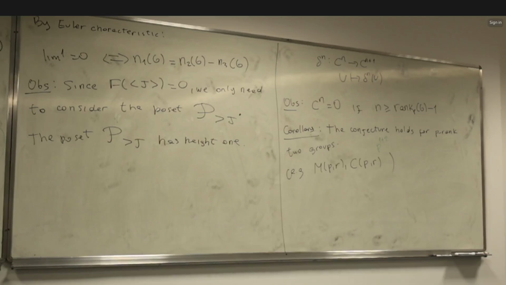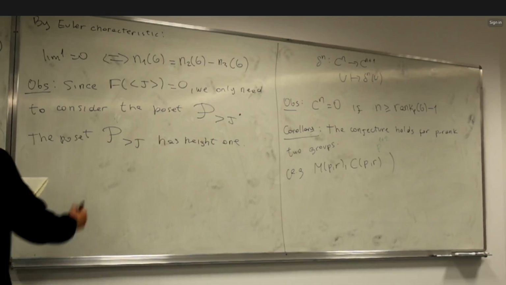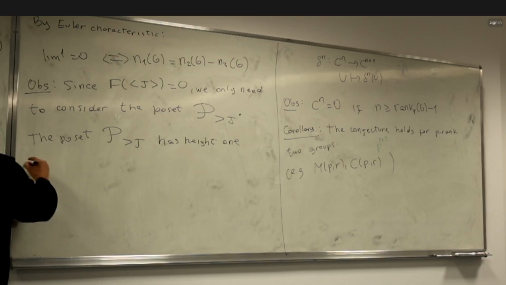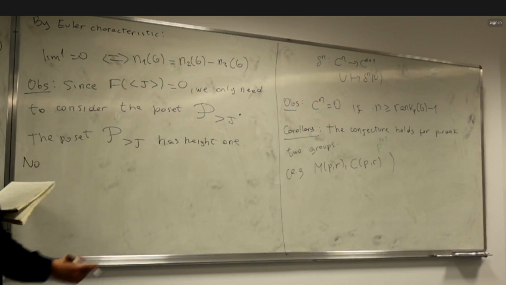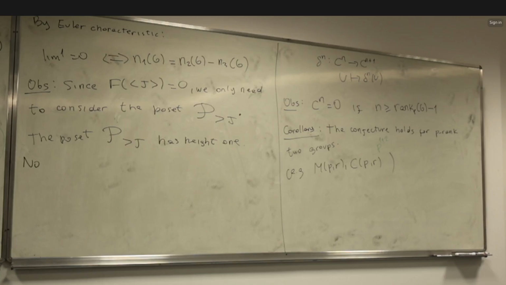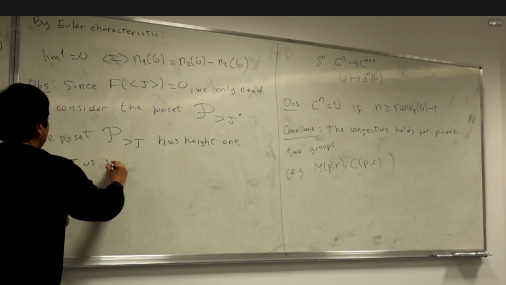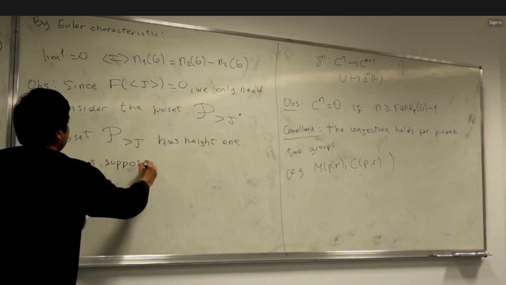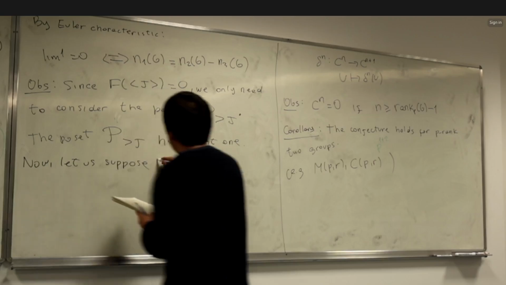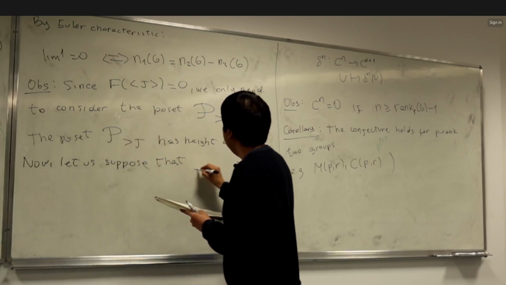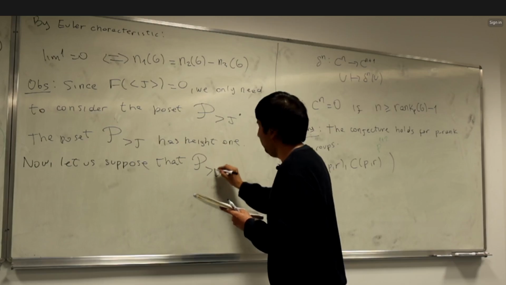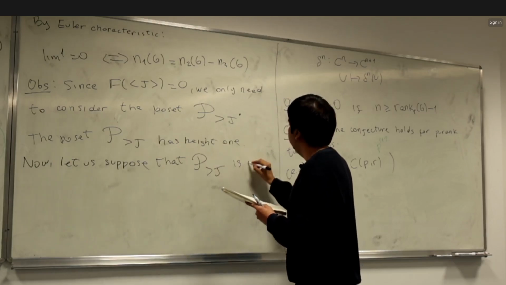Okay, it's height 1, so it's a wedge of spheres, a wedge of circles. Now we will be interested in the case where this poset or this interval is contractible.